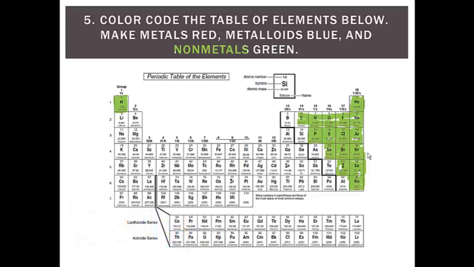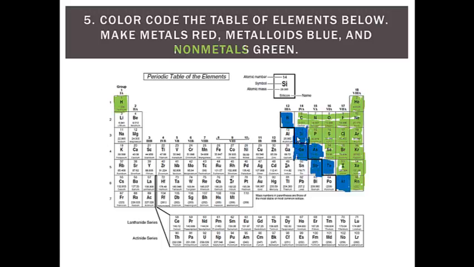The metalloids are most of the ones that touch this staircase here. So boron, silicon, these guys right here, germanium. All of these guys are going to be my metalloids. Key exceptions here are aluminum, which we know to be a metal, and polonium.